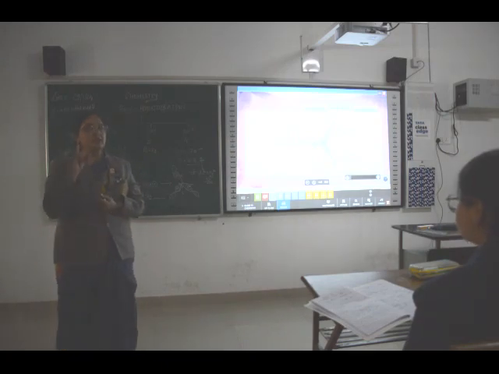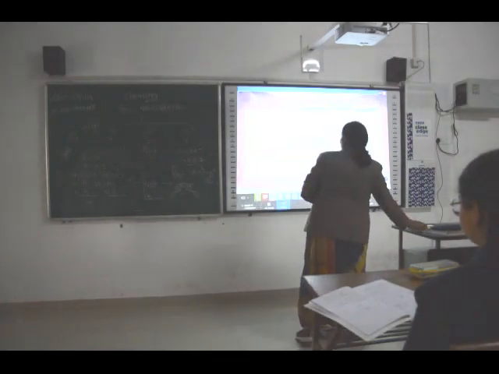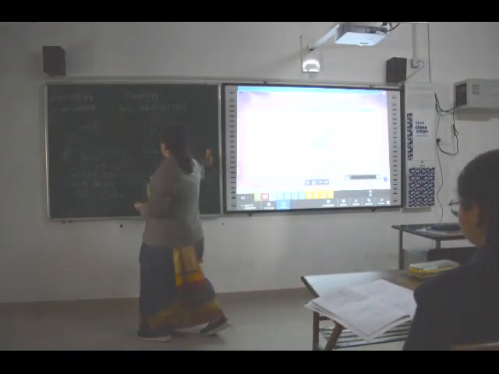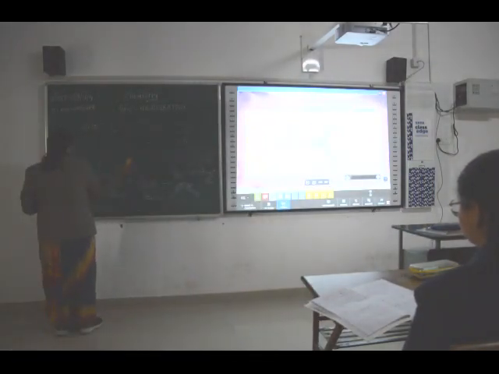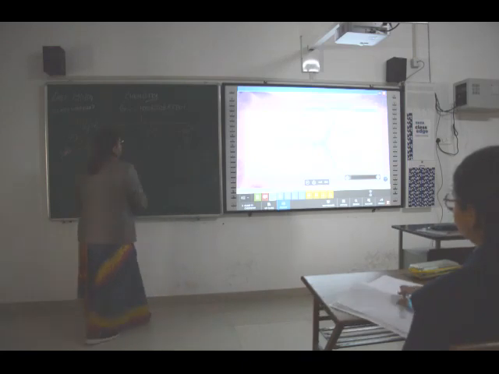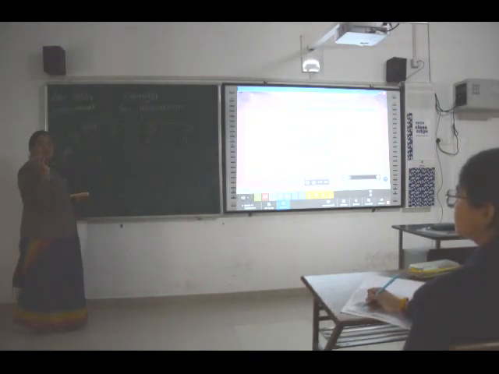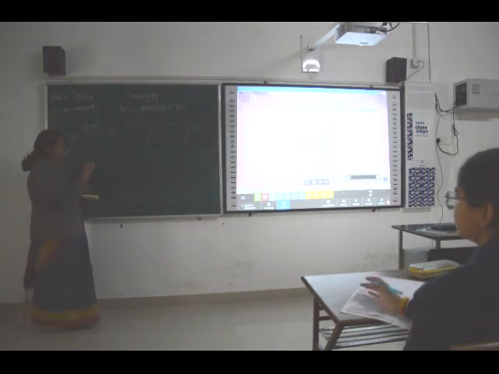It means 1s and 3p. So we have to take an example of very common, that is methane. What is the formula of methane? C. Carbon. How many electrons in carbon? 6.